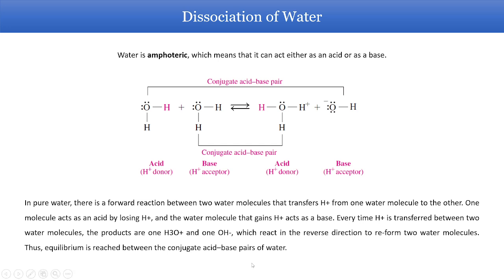So in pure water, there is a forward reaction between the two water molecules that transfers the H plus from one water molecule to the other. So one water molecule acts as an acid and the other molecule acts as a base.